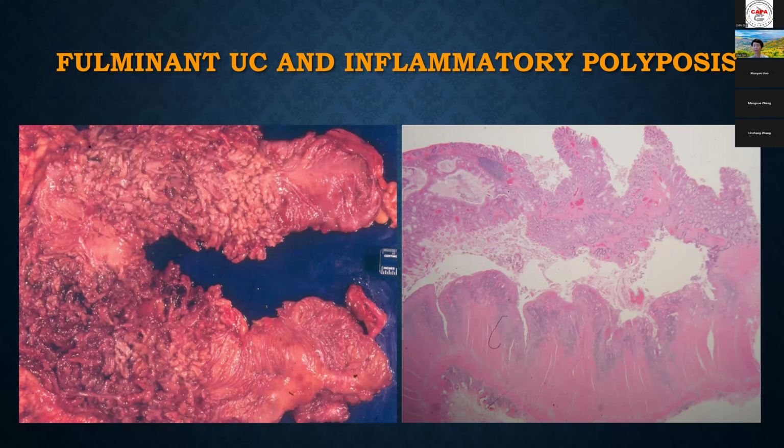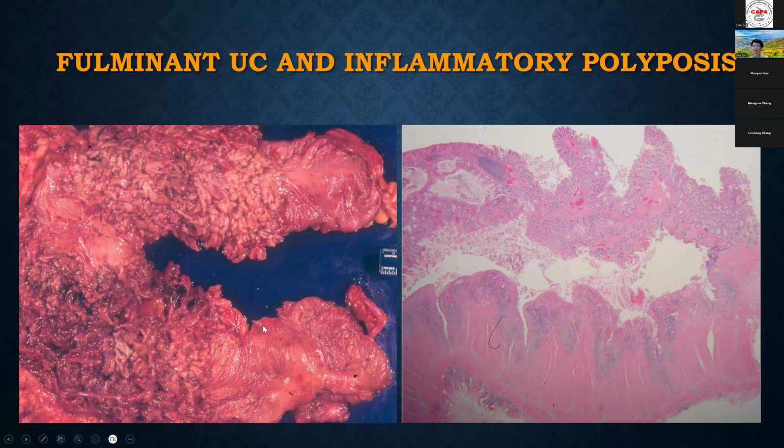So Crohn's can mimic or look like UC, and UC sometimes can also look like Crohn's disease, particularly in the setting of fulminant colitis or a patient with inflammatory pseudopolyposis. For example, this patient had UC, and you can see what we described as carpet-like pseudopolyposis.